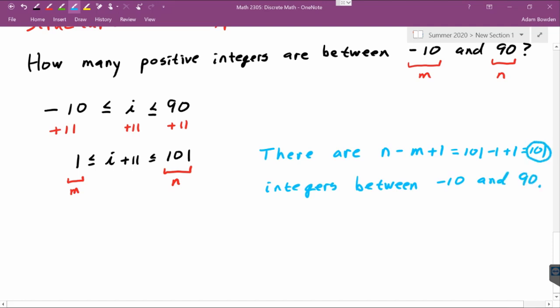And so it applies the same way. However, we should cross out the word positive integers here because we're not dealing strictly with positive integers anymore.